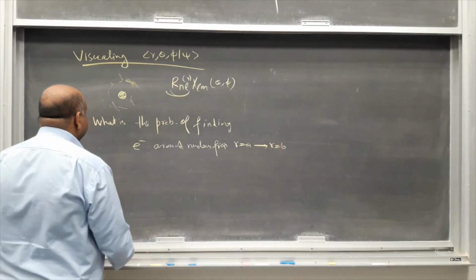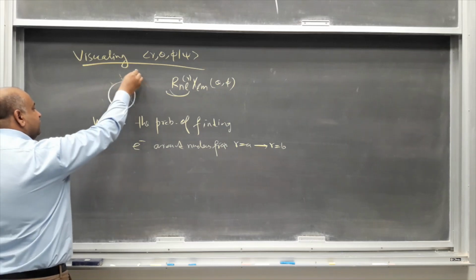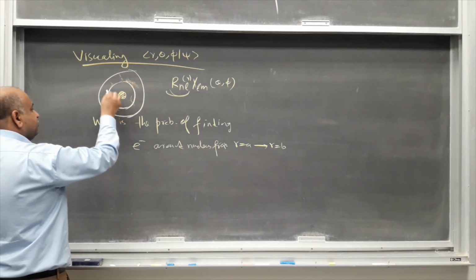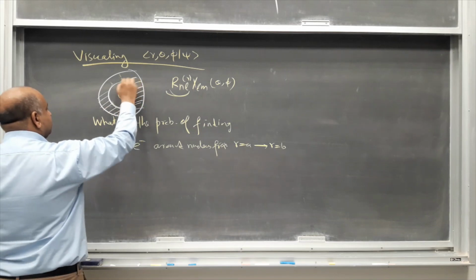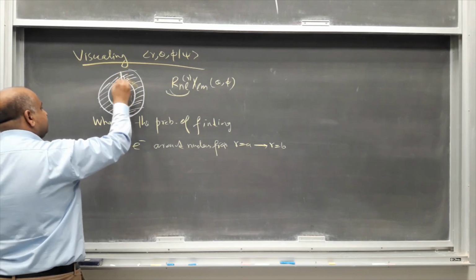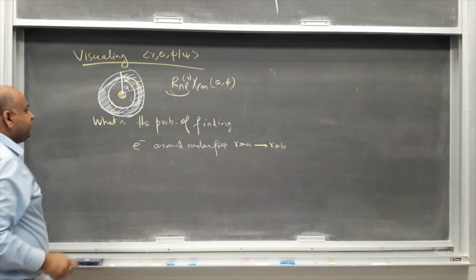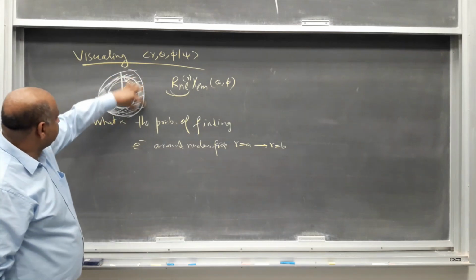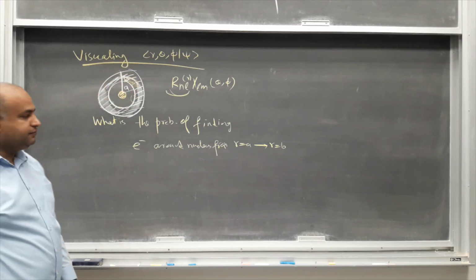I'm asking this question because suppose there is this region around the nucleus with inner radius a and outer radius b, and I want to see the probability of finding the electron in this shell of thickness b minus a around the nucleus.